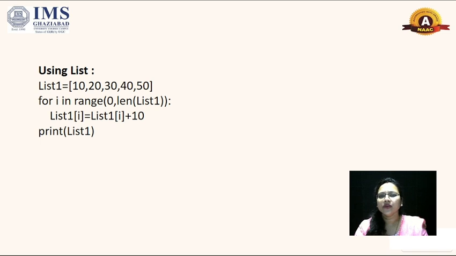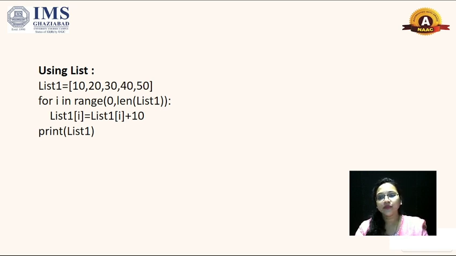You have to write for i in range, and then in brackets 0, len(list1). That means we are going to add 10 from the first value to the last value. Len is used for length, obviously.